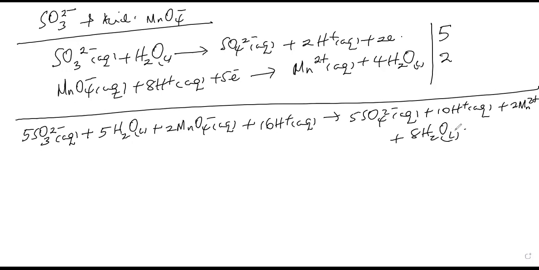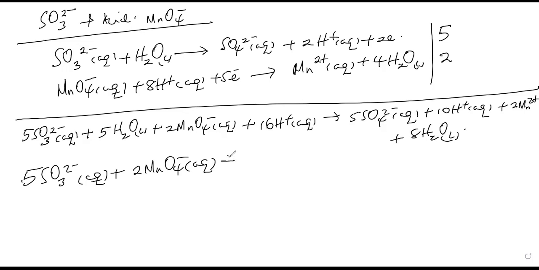Now, this equation can be simplified by bringing the water molecules this side and the hydrogen ions this side. You collect like terms, right? So you'll have 5 sulfite plus 2 manganate. You collect like terms taking to where you have many molecules. Now you could not bring the 16 to this side of 10. You would have minus 10 hydrogen ions, and our chemical equations do not involve negatives.